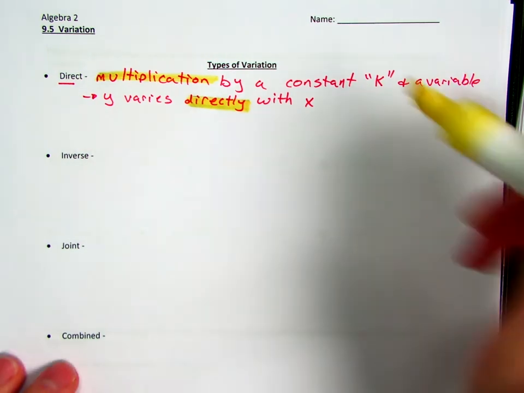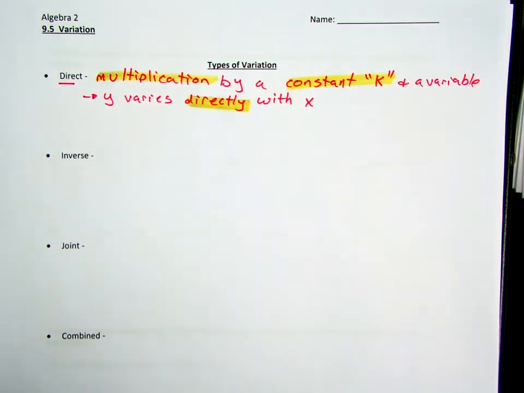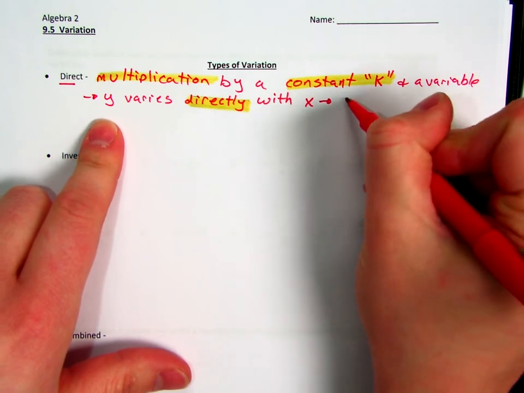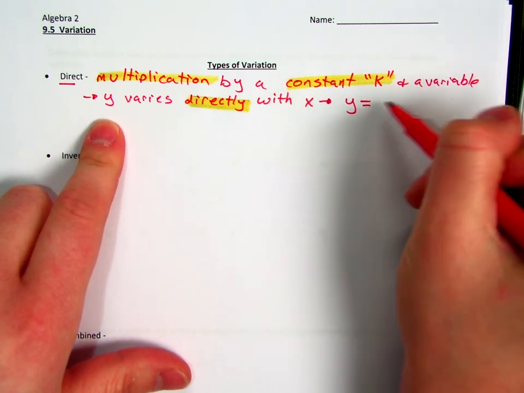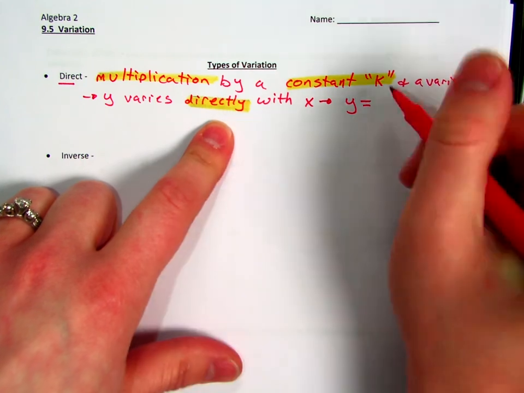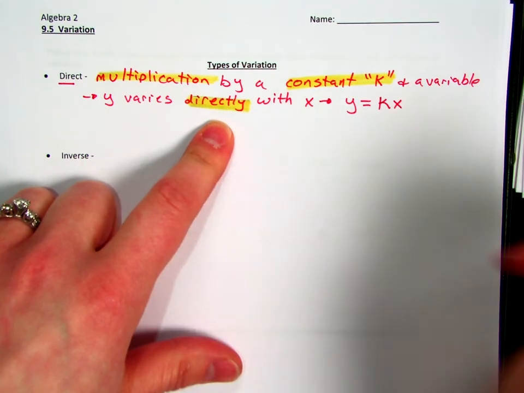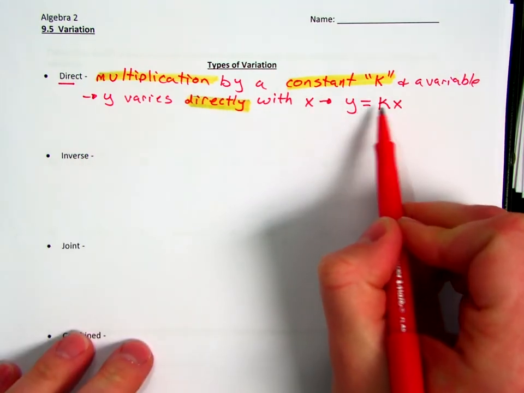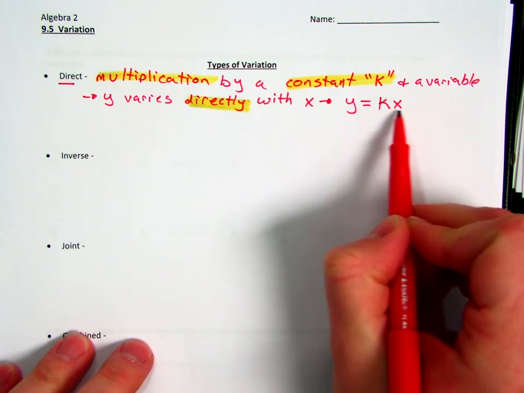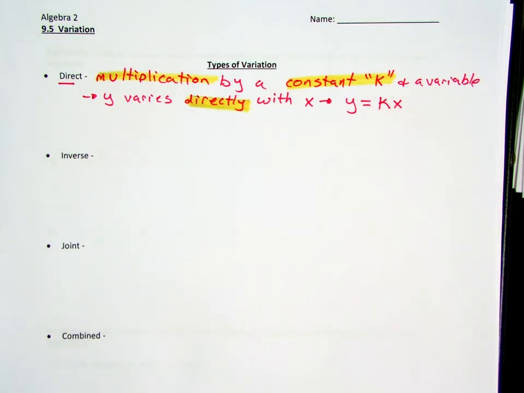And I'm going to have to multiply by the constant k. So y varies directly means y equals, and then the direct variation is happening between k and x, so we would just multiply k by x. So y varies directly with x. So we multiply the k and the x, and the y is what's on the other side.